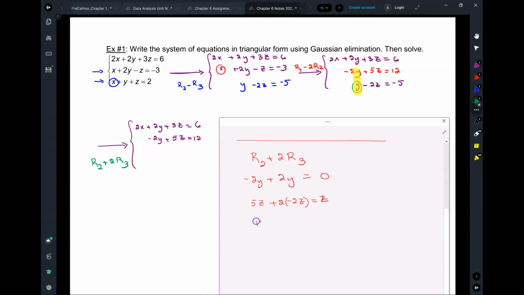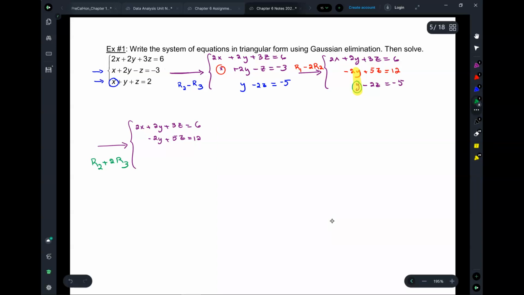And then the constants, 12 minus 2 times negative 5, 12 plus 10, 22. So what do I have? 0z, 22. So here I put down 0 plus z equals 22. No, you don't have to write the 0 ever.